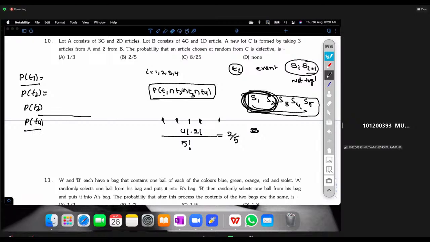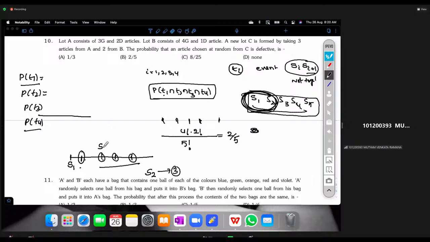Now here T1 intersection T2 intersection T3. If you look here, for example, S1 comes here, student 1, then S2 should not be next to it. Seats 1, 2, 3, 4, 5 for S1, S2, S3, S4, S5. So here S2 cannot sit next, you have 3 places.